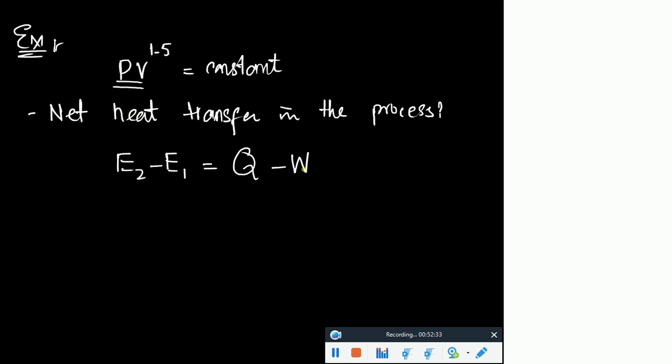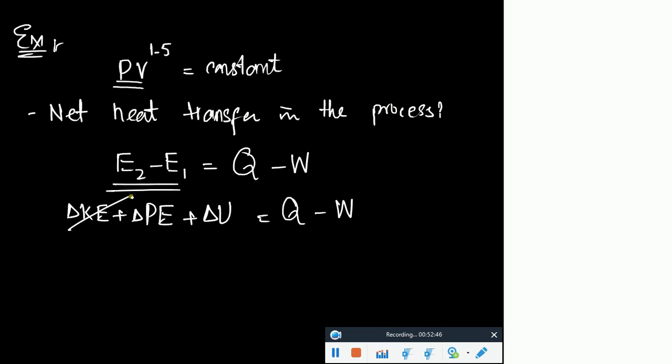So that is Q minus W. If you look at this content, that is delta KE plus delta PE plus delta U, and that is basically Q minus W. These two terms are gone. You can disregard them, and then this is given in terms of U2 minus U1, and obviously if you multiply mass with it, you would come up with delta U, right?